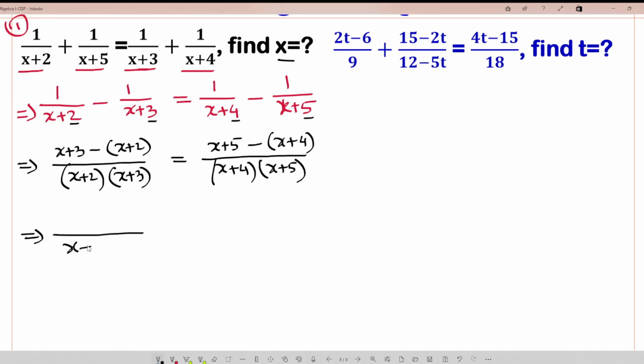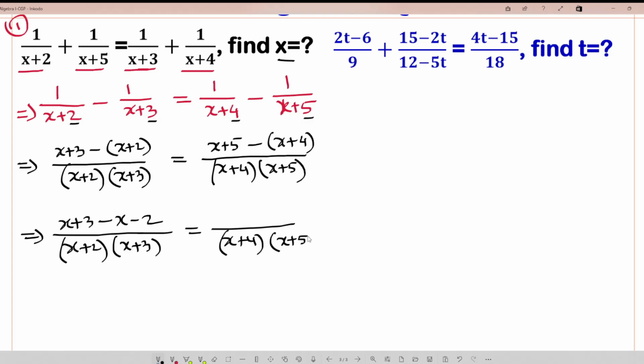Okay, then here is x plus 2 times x plus 3 equal, here is x plus 3 in numerator, x plus 3 minus x minus 2 equal, here is x plus 4 times x plus 5, and in numerator x plus 5 minus x minus 4.